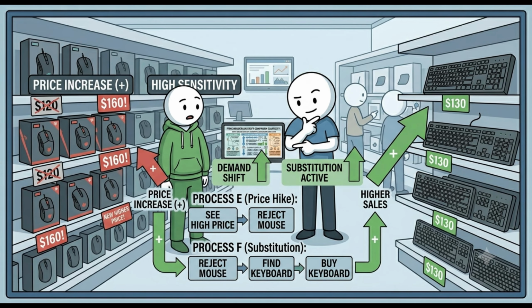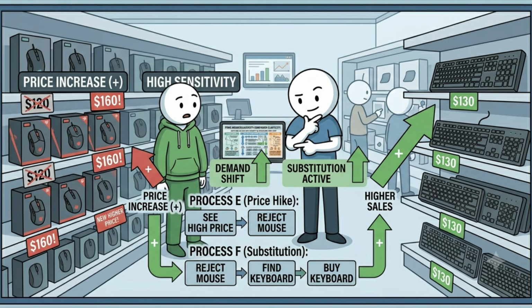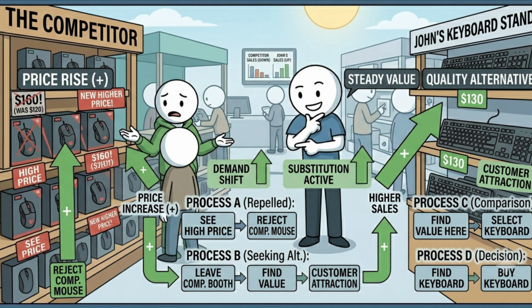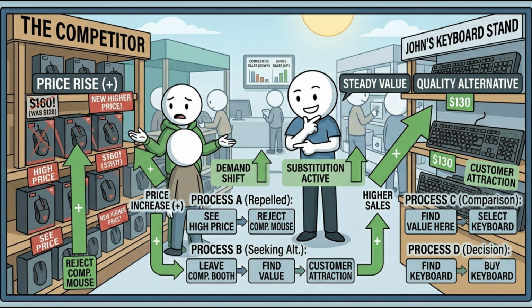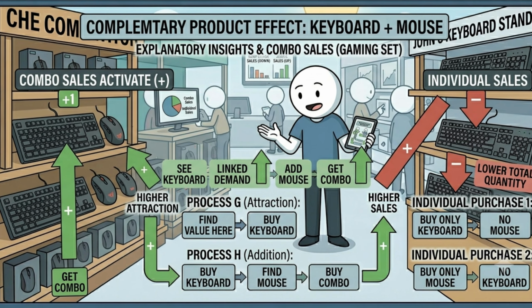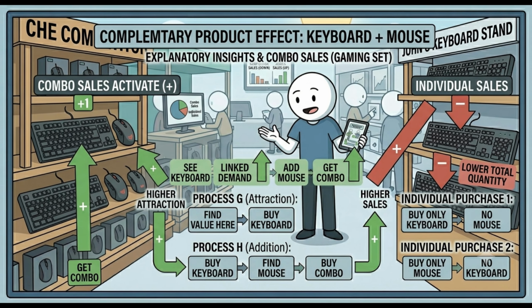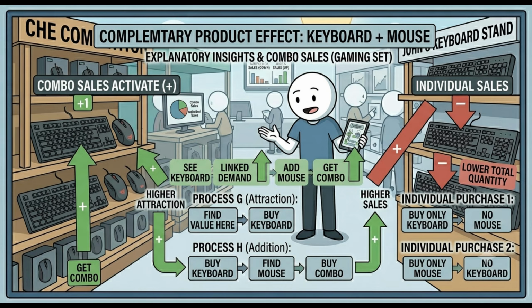If the price of high-end gaming mice rises and John sees a drop in his keyboard sales, he knows these goods are complements. If a rise in the price of a competitor's keyboard leads to more sales for John, he knows they are substitutes. By mastering all these forms of elasticity, John gains a three-dimensional view of the market.